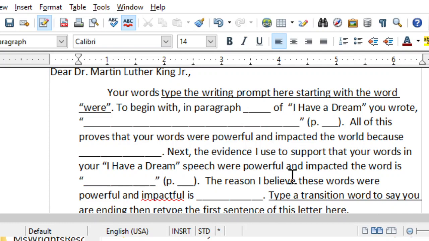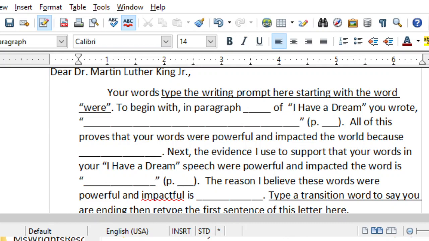You're going to type one here, and then right here, you're going to explain why you think this sentence is powerful. And then you're going to find a different sentence here. Put the page number where you found this sentence.